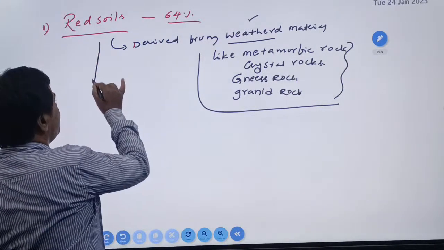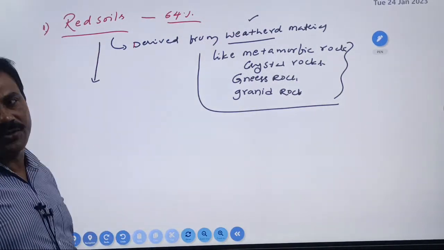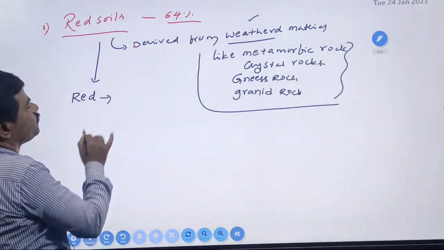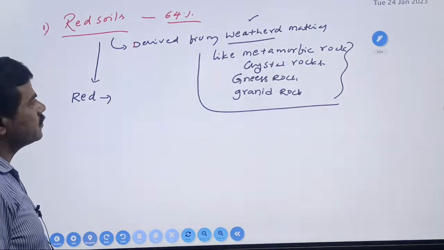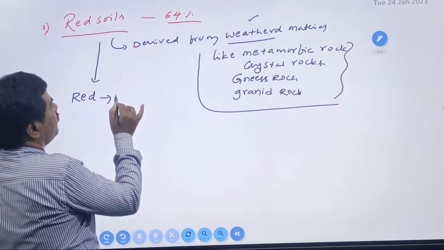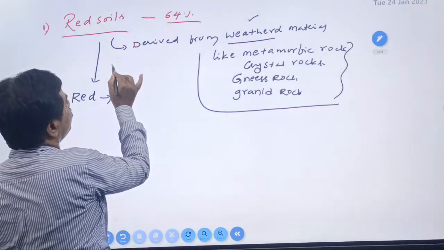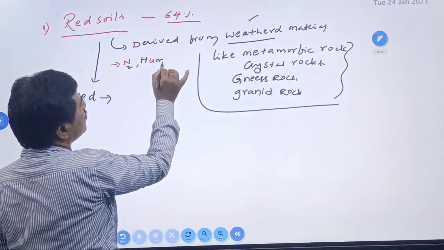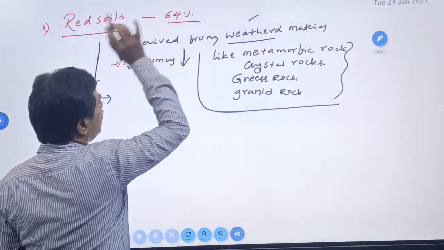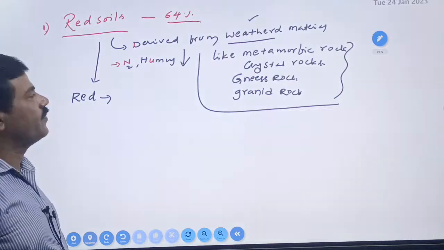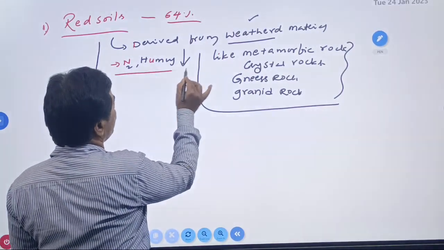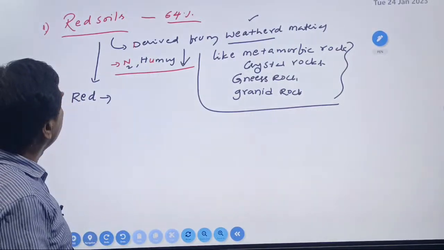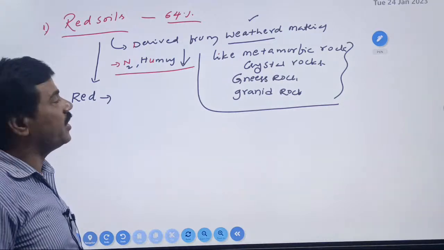What about the color of the soil? It is red. In red soil, nitrogen and humus are very low. These two minerals are required to get more productivity in red soil.